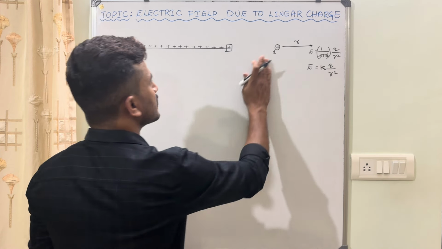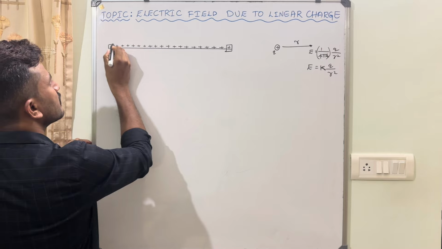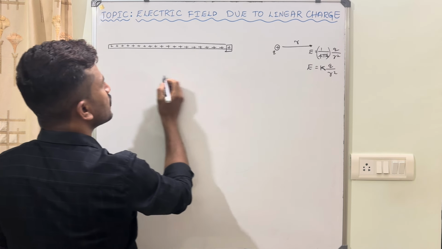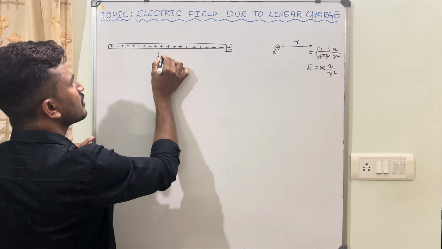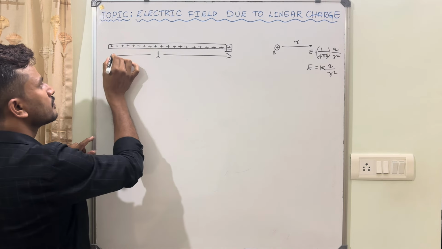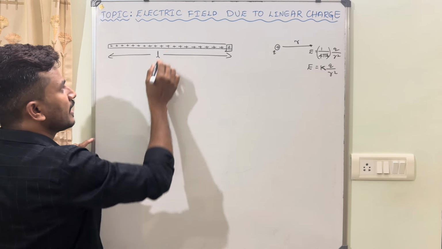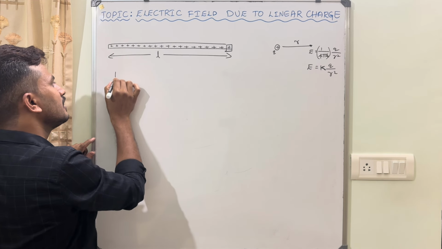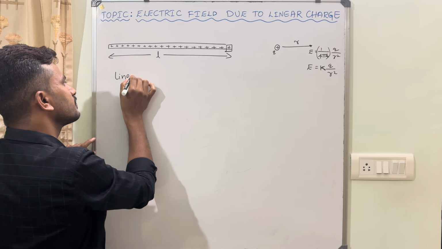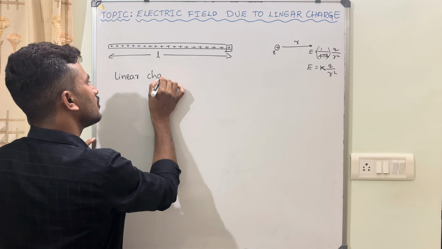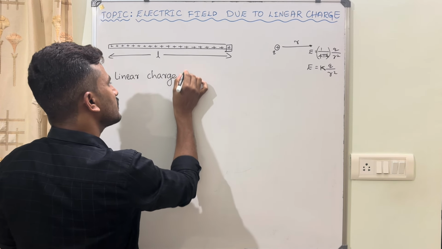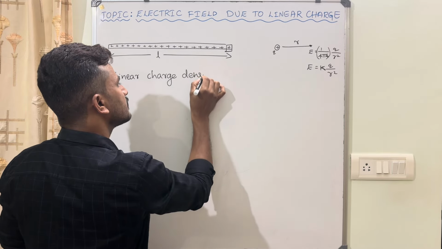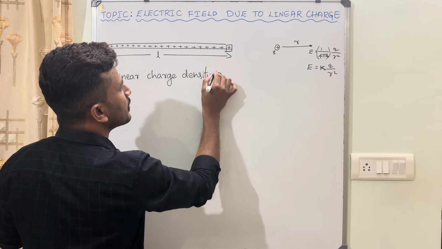So what is linear charge density? If I consider this is the wire, I will consider the total length of this wire is L. Then I will consider the density called linear charge density, represented by lambda.